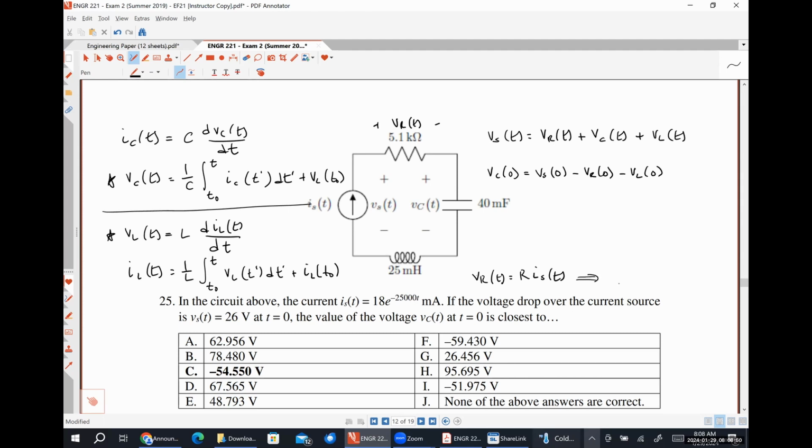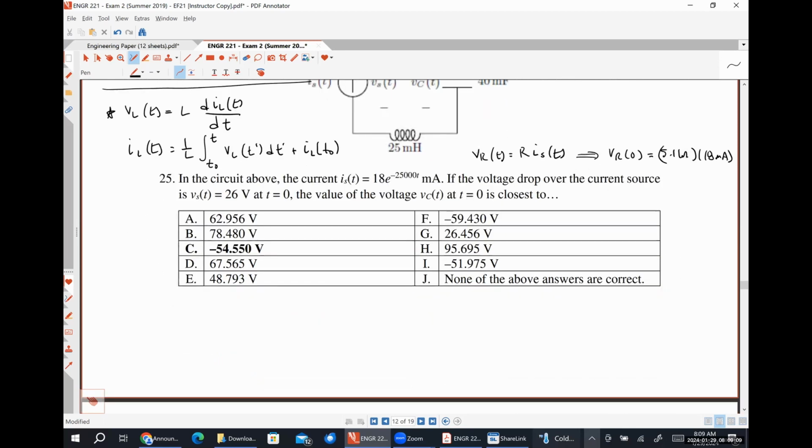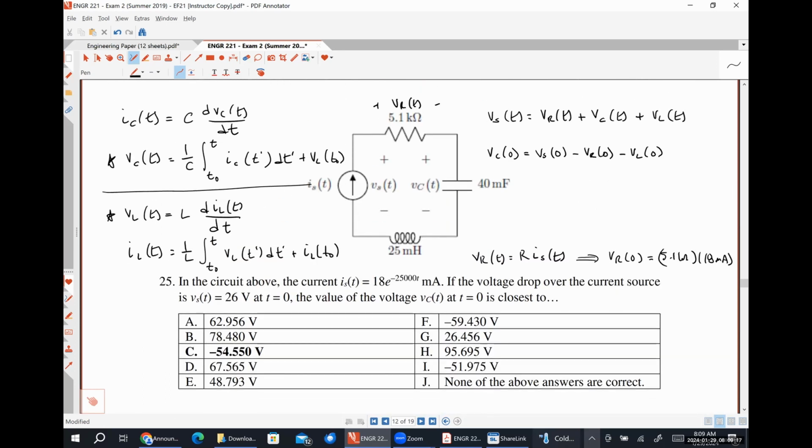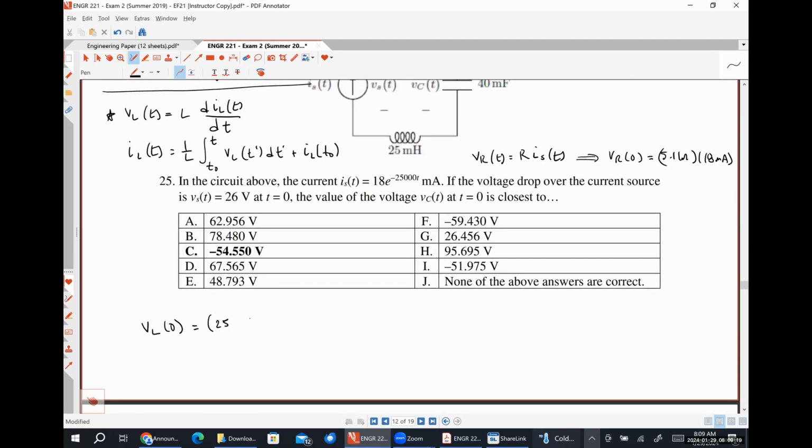Let's see. So VR at 0 is going to be 5.1 kilo ohms times 18 milliamps. Whatever that comes out to be. And do it down here. VL at 0 is going to be 25 millihenries times the derivative of this thing.